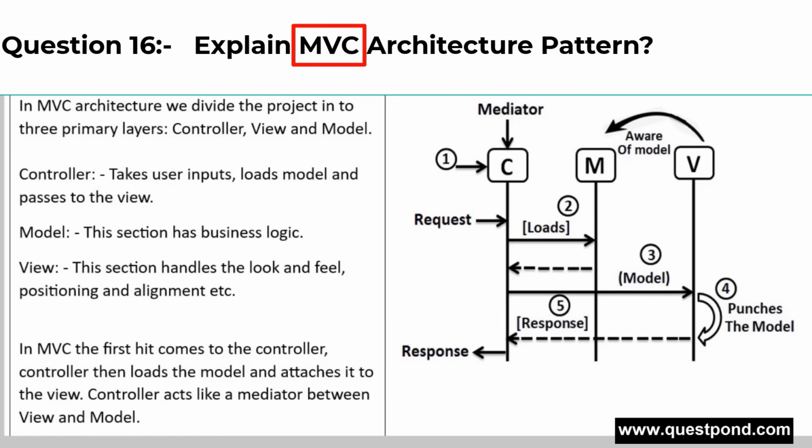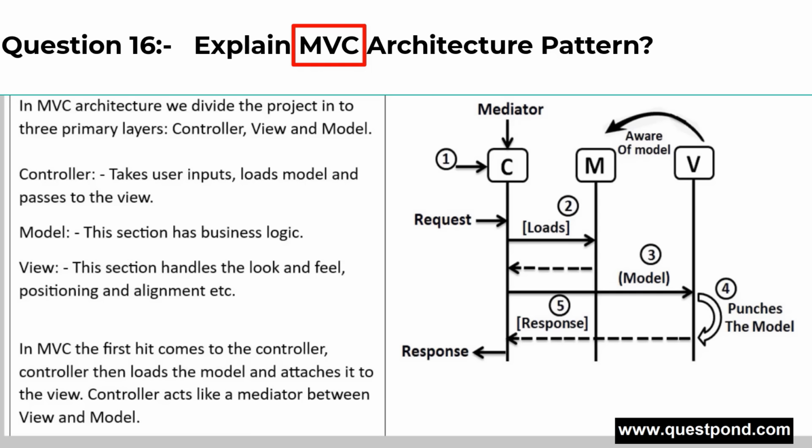Now this is one of the most asked questions when it comes to architecture interviews. When you get questions like explain MVC or MVP or MVVM, any architecture pattern, you can divide your answer into three pieces. At the end of the day, everyone knows MVC, everyone knows MVP.